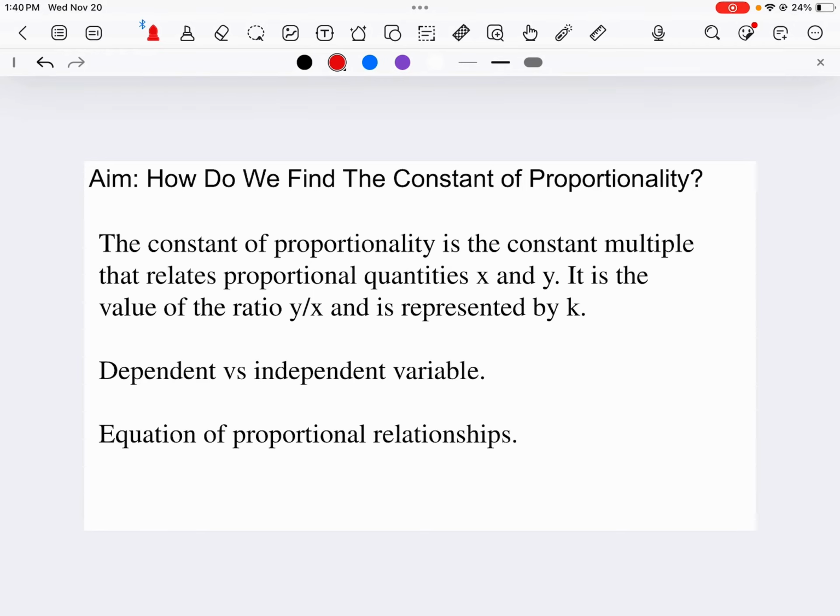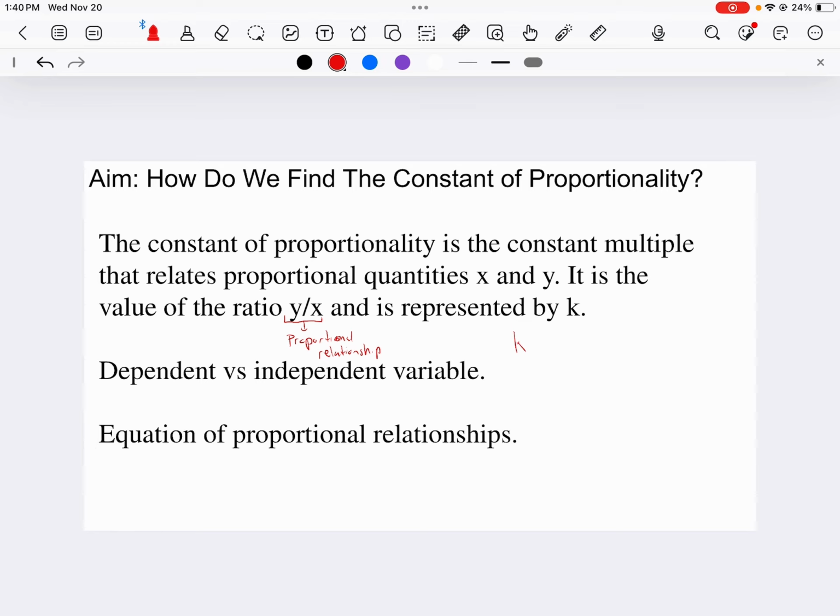This lesson is on how to find the constant of proportionality. Constant of proportionality is a constant multiple that relates proportional quantities x and y. It is the value of y divided by x, which, remember, means we would have a proportional relationship, and it is represented by k.